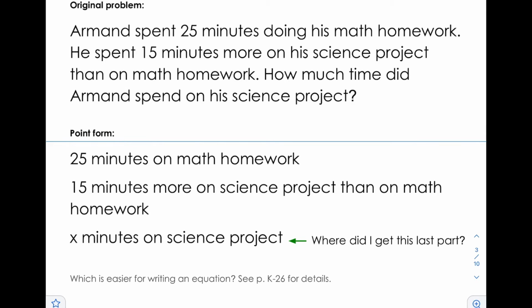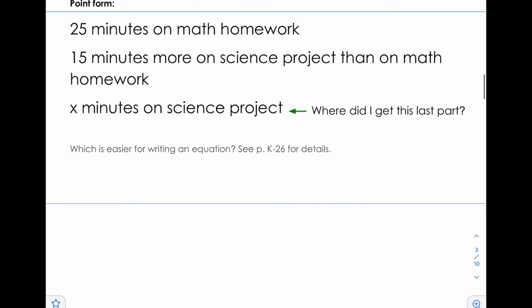So science is 15 more than 25. When you hear the word more than, you know you're adding. So we've got 25 for math plus 15 more for science will give us the, I'm going to use the letter N, the amount for science.